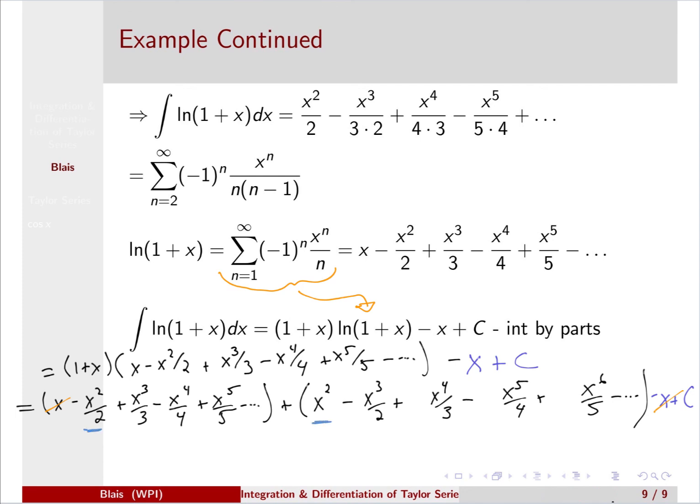But we need a common denominator of 2. So let's multiply this by 2 over 2. When we do that, we will get 2x squared minus x squared, which is x squared over 2.